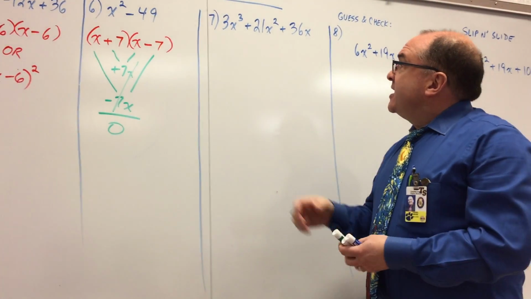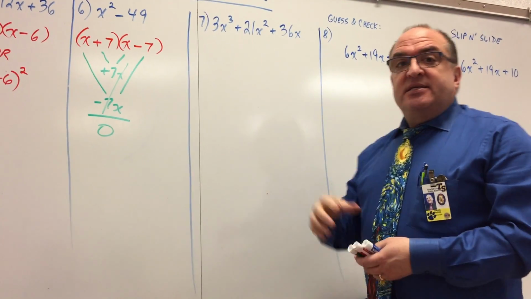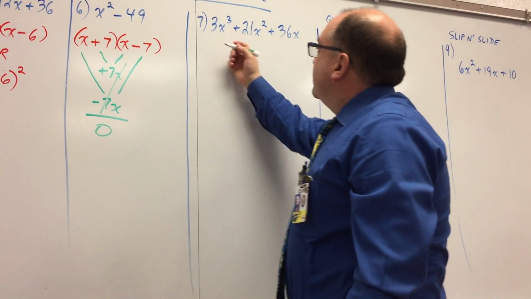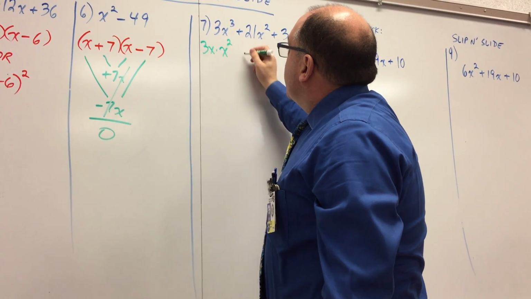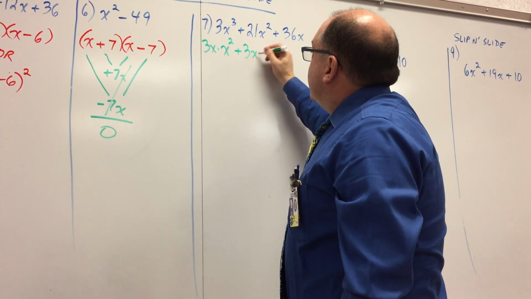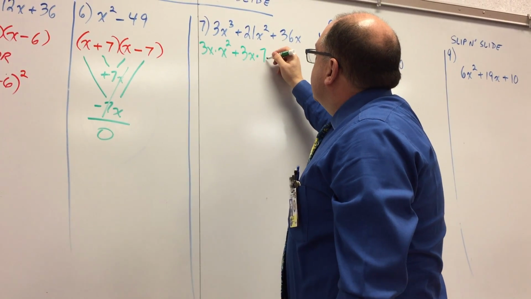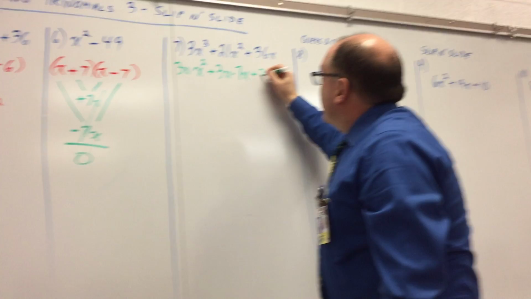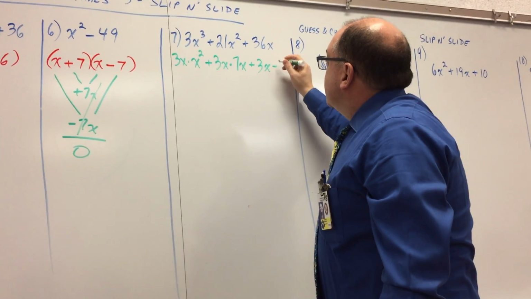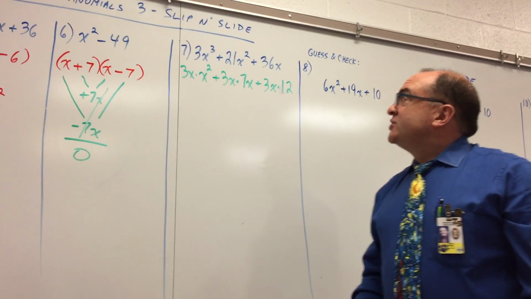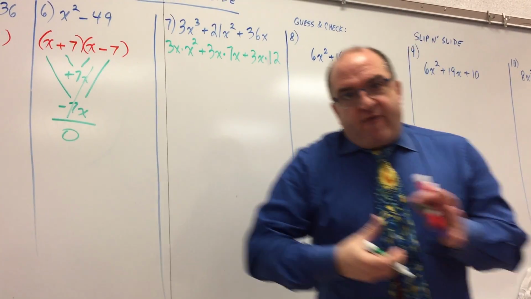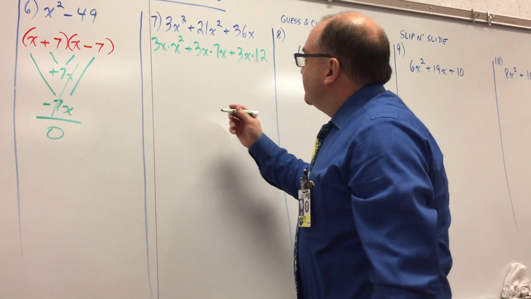Then there's the situation where you have something common to all three terms. Would you agree that there's a 3x inside all of these terms? In other words, this is 3x times x squared plus 3x times 7x plus 3x times 12. So what I'm going to do is pull out the 3x.